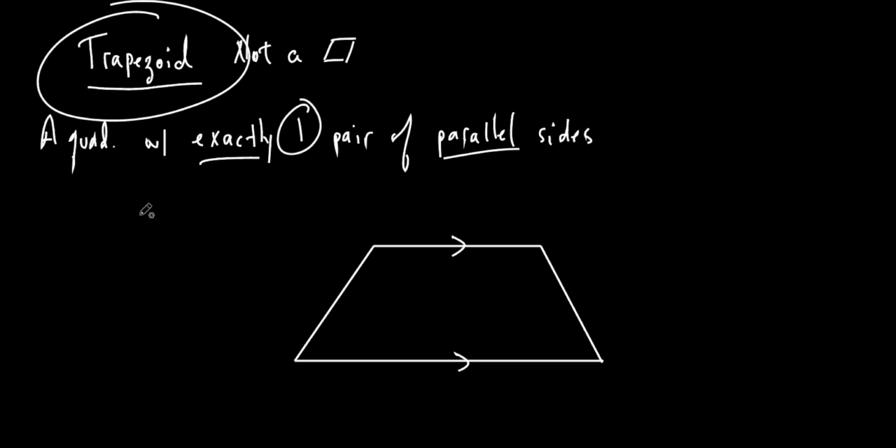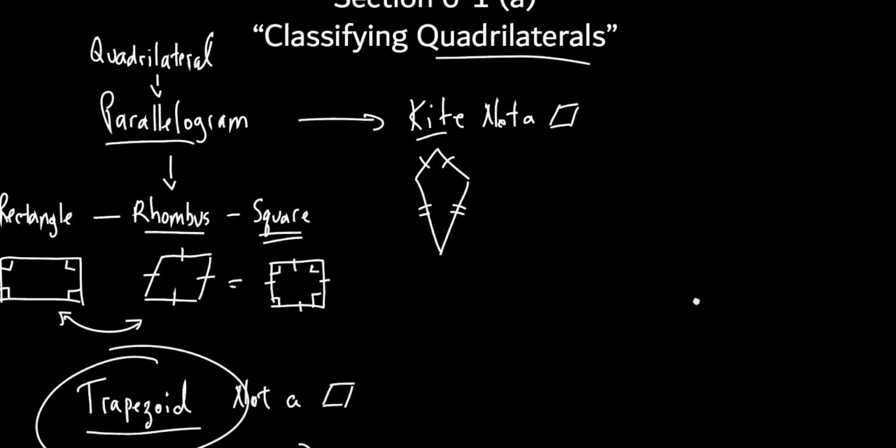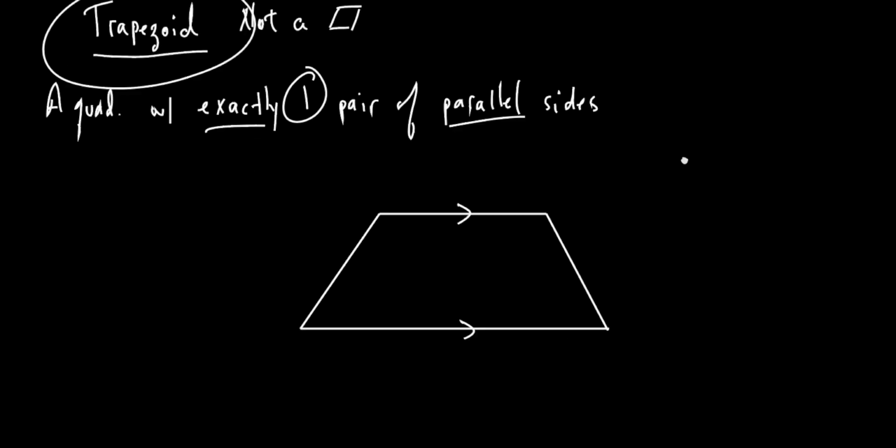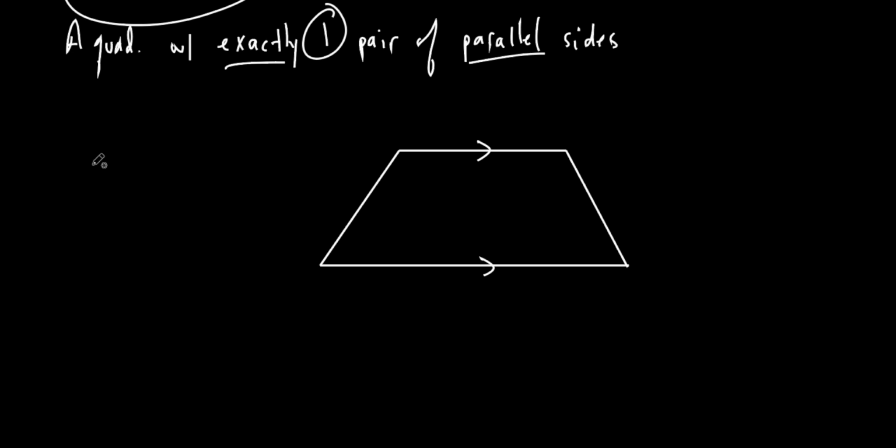All right, so this thing right here is a trapezoid. Why? Because it has exactly one pair. That means this side right here and this side right here are not parallel. That's right, because it only has one pair of parallel sides. You got it? A parallelogram, I didn't draw very well. I'll just sketch it.